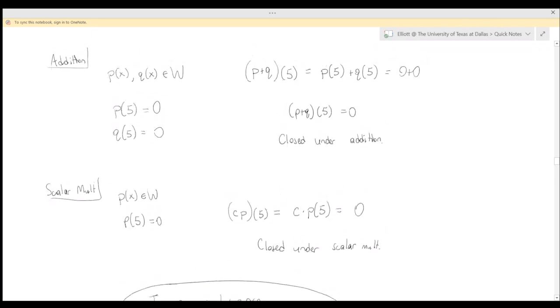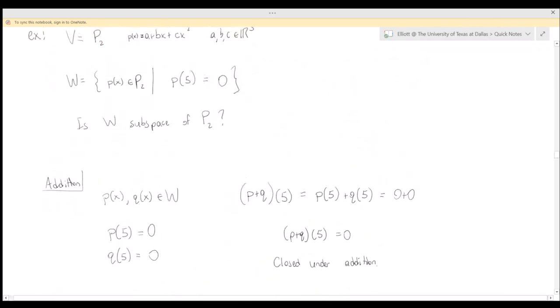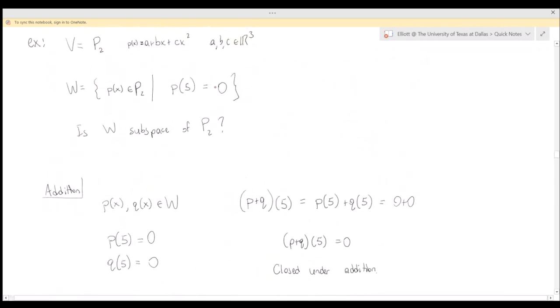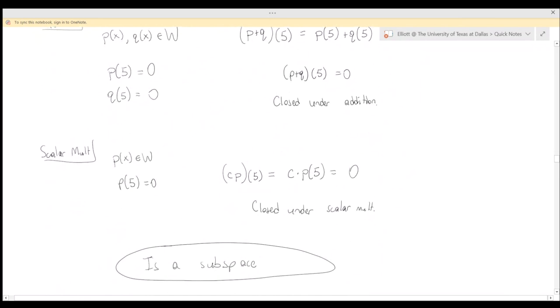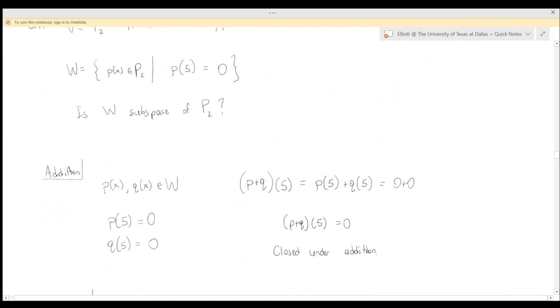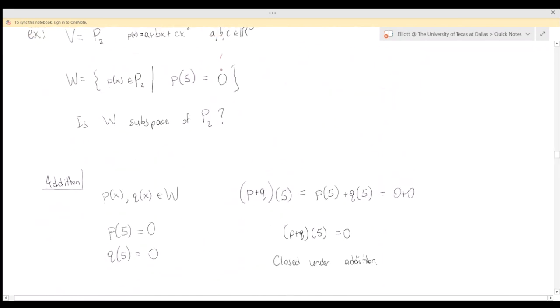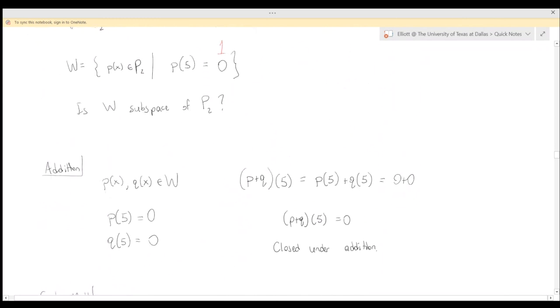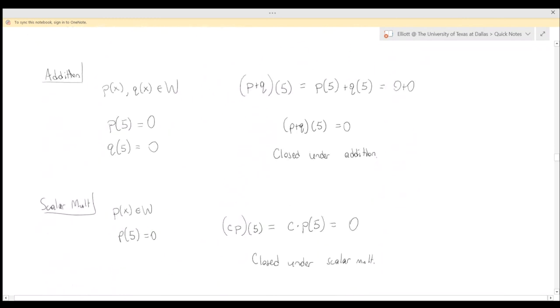And lastly, let's make a small modification to this problem. Instead of equal to 0, say it were equal to any other number, for instance, equal to 1. If I change the number 0 to any other number, it would no longer be a subspace.